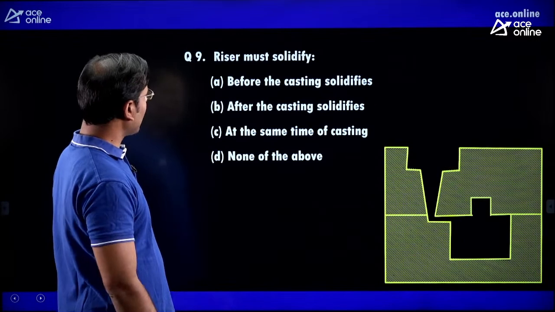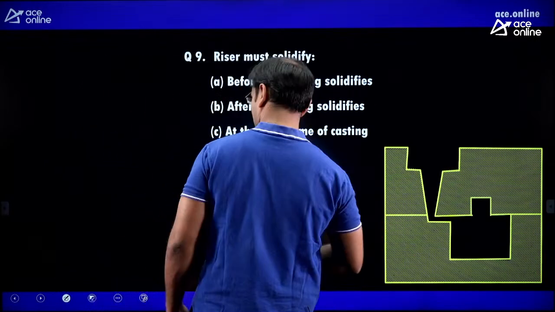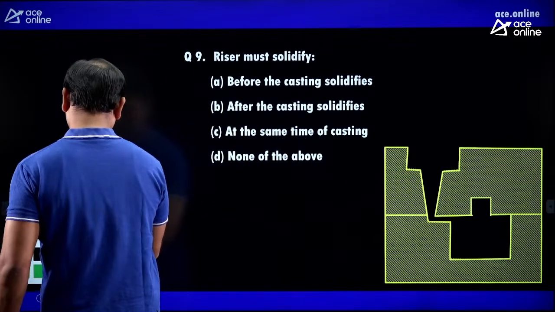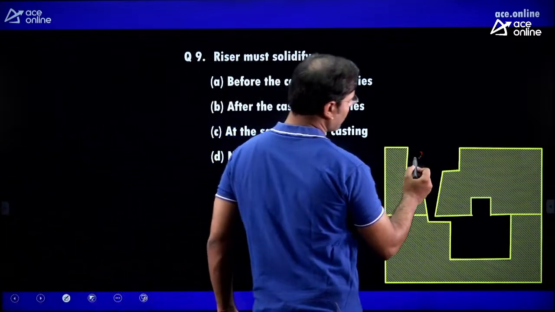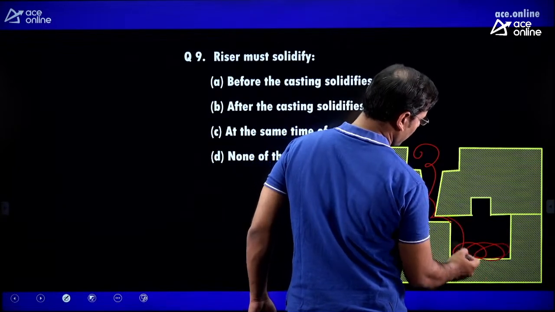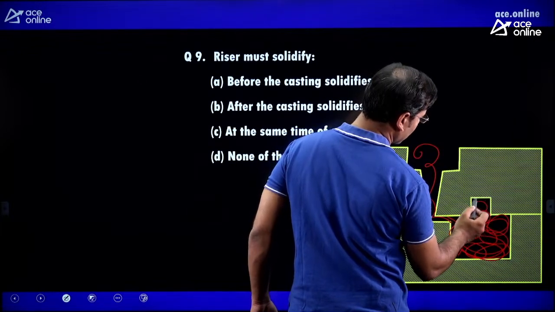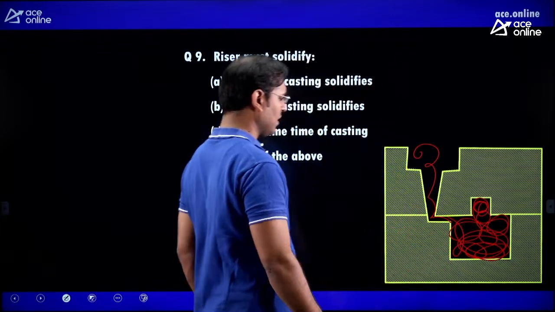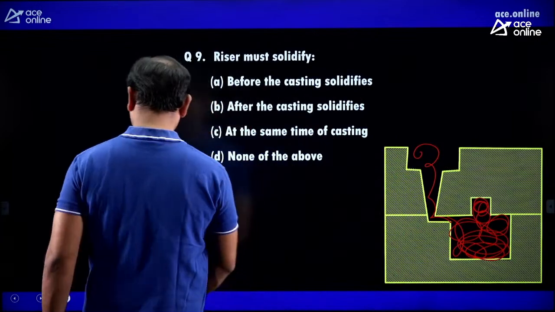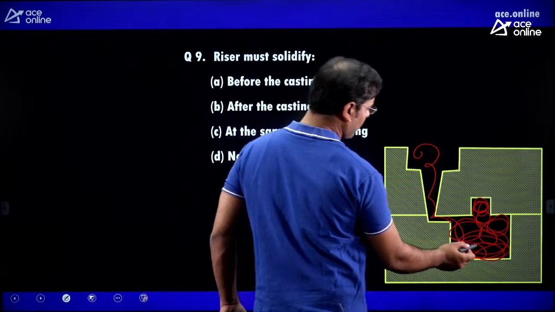Question number 9. The riser must solidify. Just see, we are pouring the molten metal into the casting cavity. As we are pouring, the molten metal is entering the casting cavity as well as the riser. But the molten metal in the casting cavity needs to solidify first.